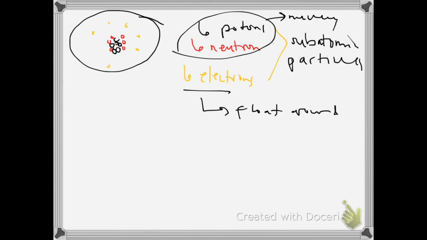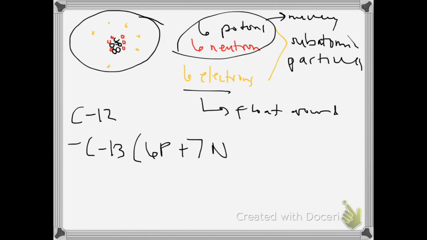It normally has 6 neutrons, but let's say I add 1 more, so I have 7 neutrons. So instead of being C12, this is C13, and this number comes from the 6 protons plus 7 neutrons. This is for carbon 13.